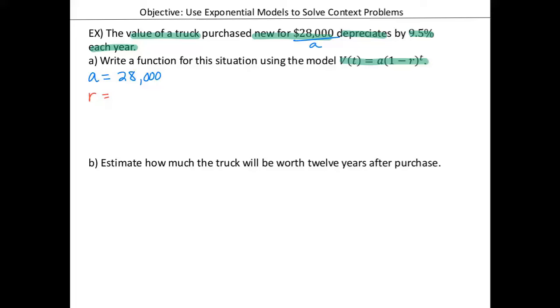That's still my percent over here. So my r is 9.5%, but I don't want it as a percent. I want it as a decimal. So again, you can divide by 100 or just move the decimal twice. Now you're going to have to add a 0 in front of the 9. So the r is going to be 0.095.